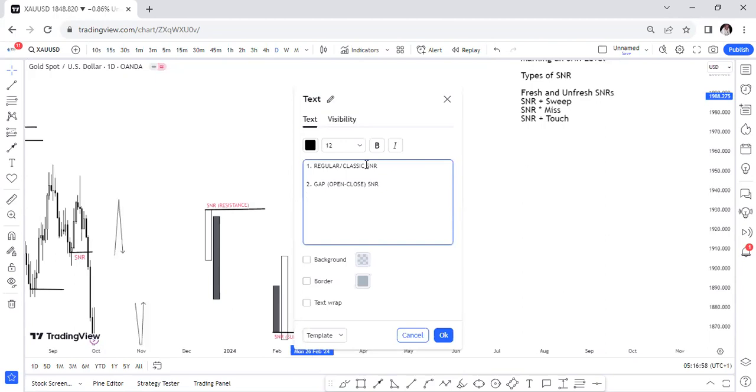Then the other one we have is the flipped SNR or breakouts.